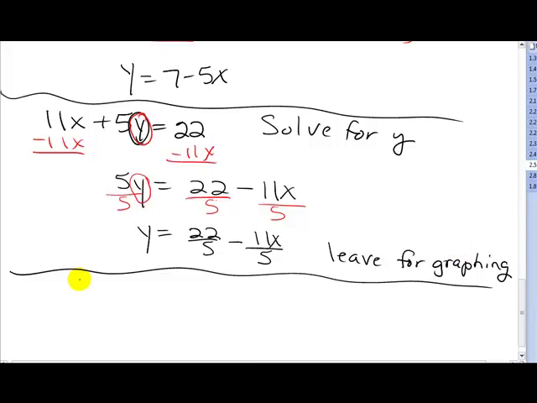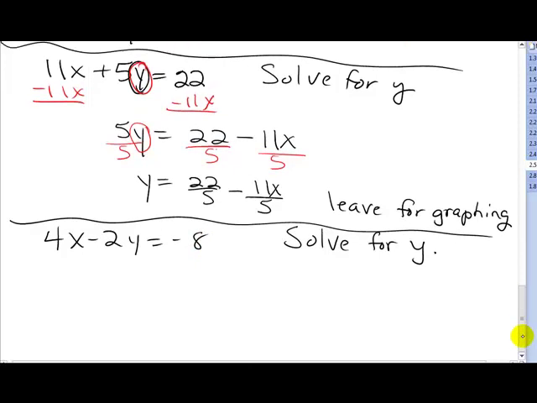Okay, so let me give you one to practice with. And we're always going to solve for y. You have an x and a y. These equations will make lines when we learn how to graph them in Chapter 3. Solve for y. So you want to get y alone. So focus on the relationship with all the other letters.